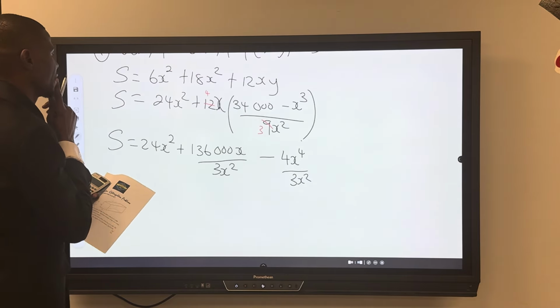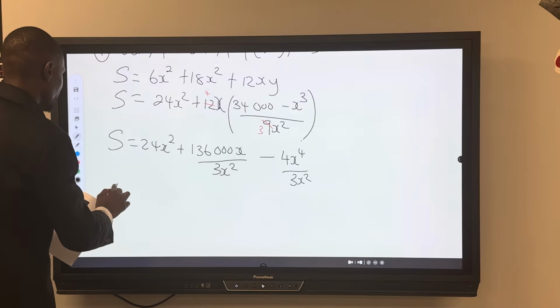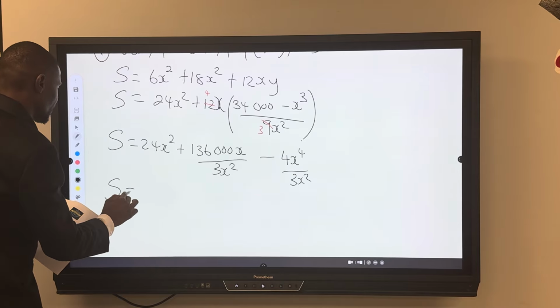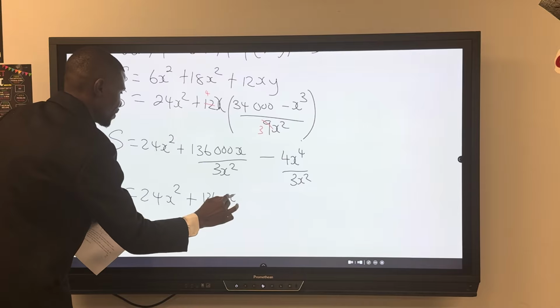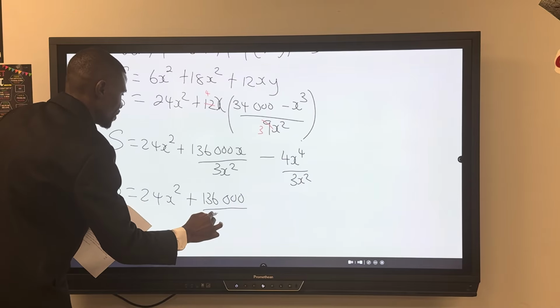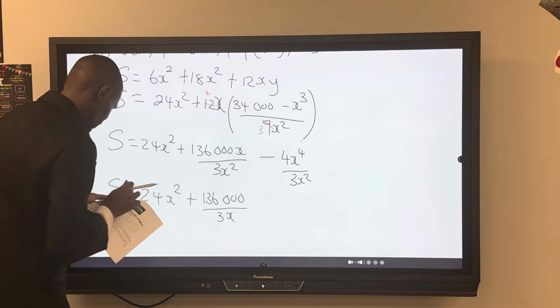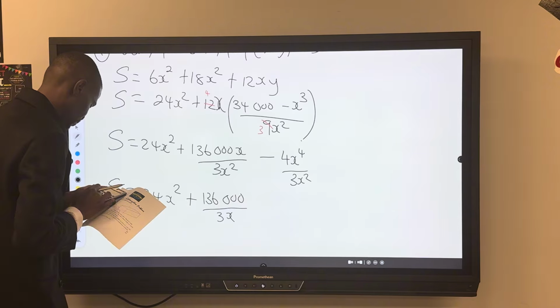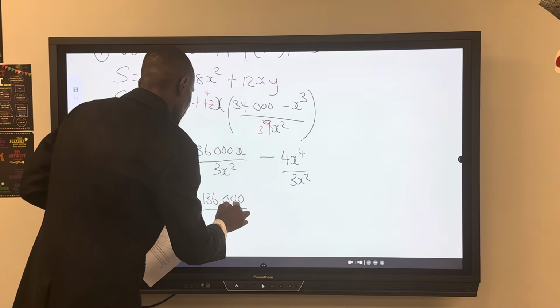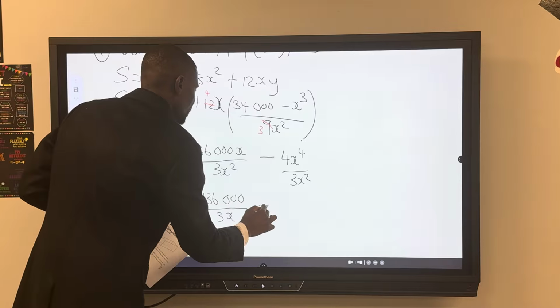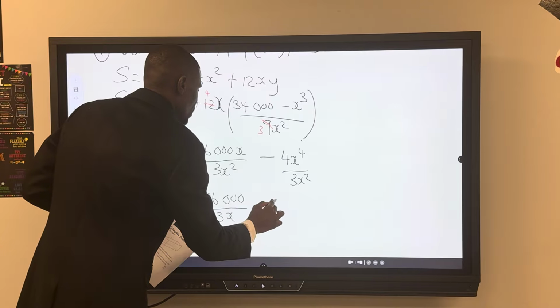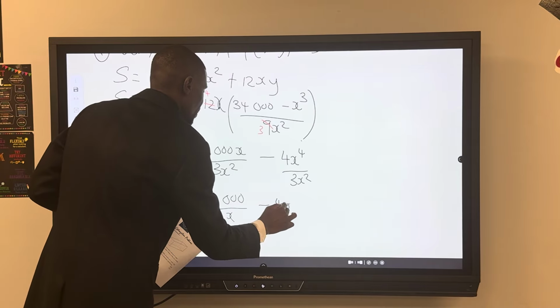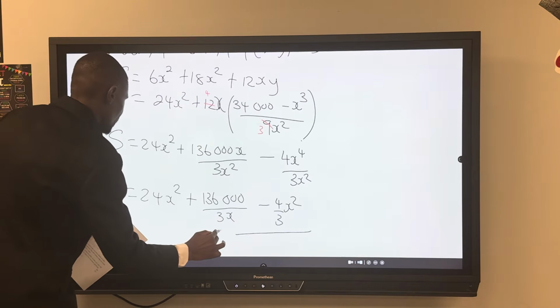And here it simplifies to 24x squared plus 136,000 over 3x minus 4x squared over 3.